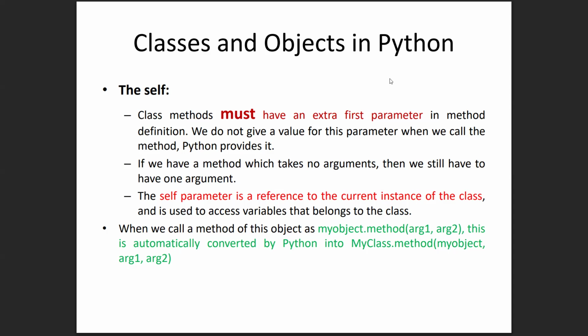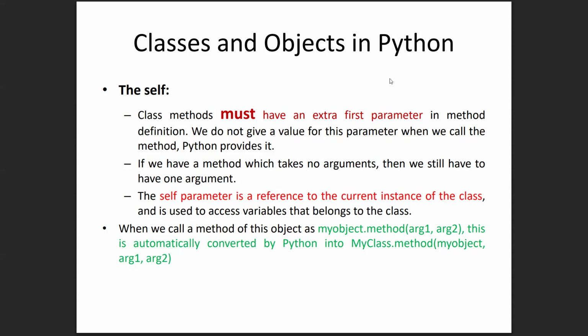First we have to define that parameter. It means that parameter should be first inside the parenthesis. We do not give a value for this parameter. It means whatever parameters we are passing, we should not pass any value to this one. So what is the first parameter? Self.